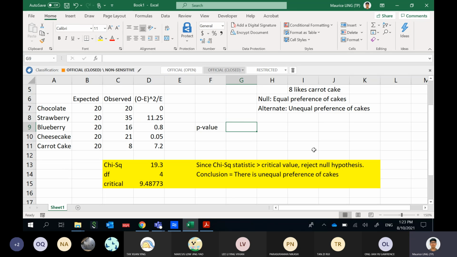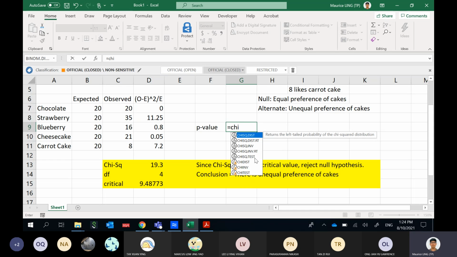Okay, if the p-value is less than 0.05, you reject the null hypothesis, correct? You know that already. So how do you calculate a p-value? Use this formula, go to chi-square test. All it needs are two variables: actual range and expected range.